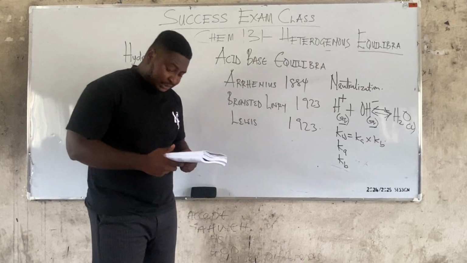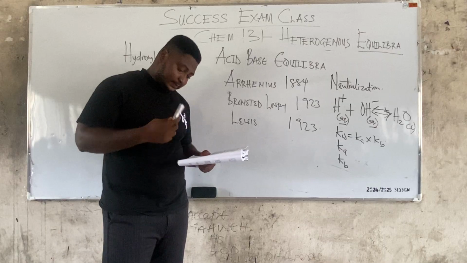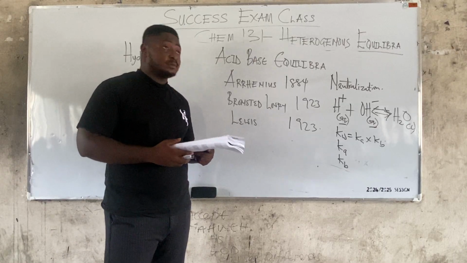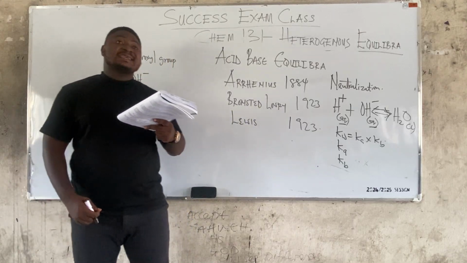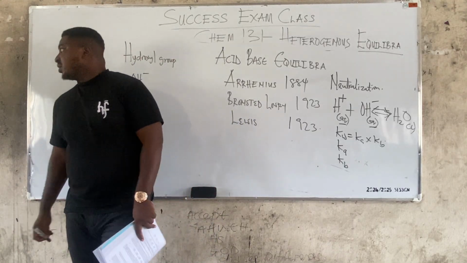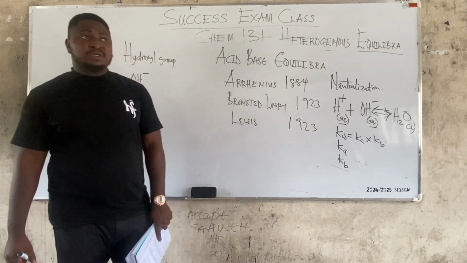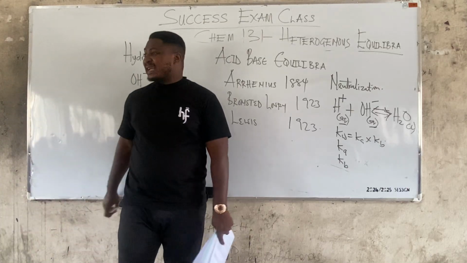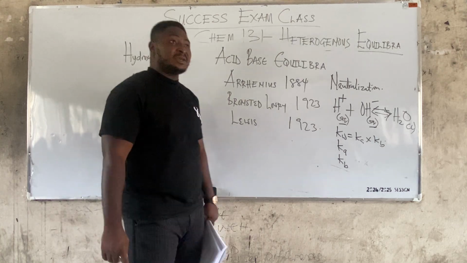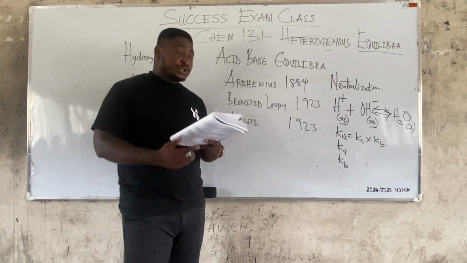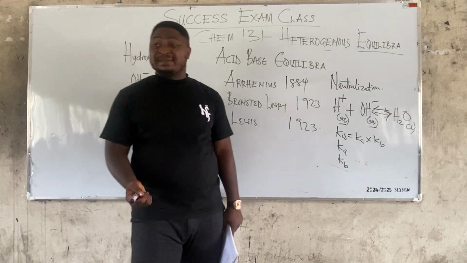Class, Bronsted-Lowry theory. Bronsted-Lowry theory states that an acid is a substance that is capable of donating a proton, and a base is a substance that is capable of accepting a proton.